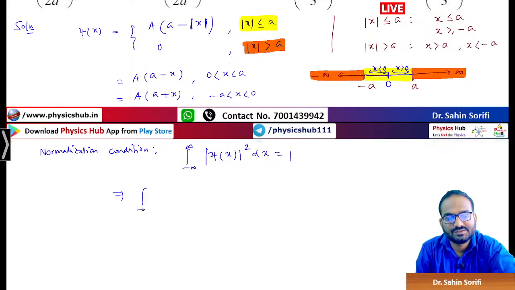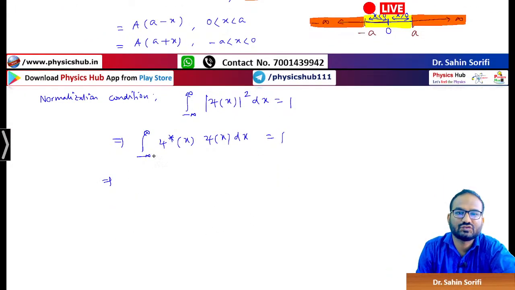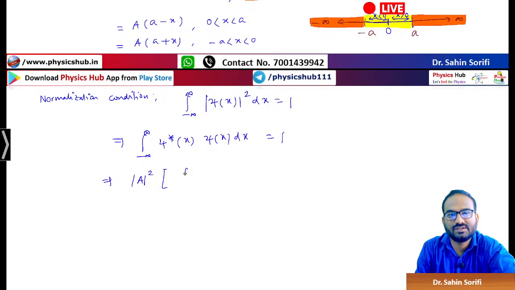So minus infinity to plus infinity psi star x psi x dx is equals to 1. Now it is valid between minus a to a, and it is a real function. So a will come out as a square, taking it outside.